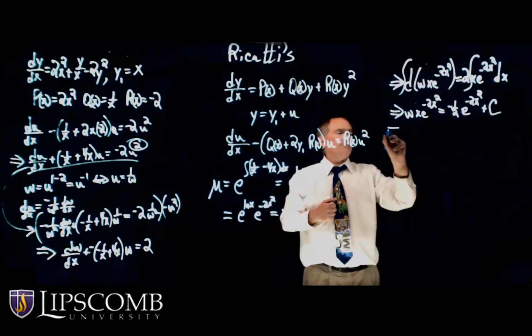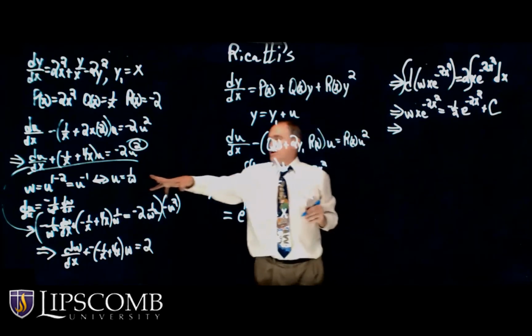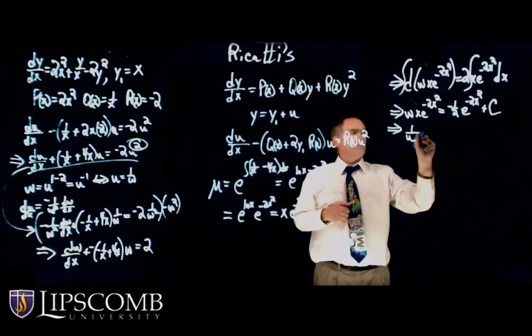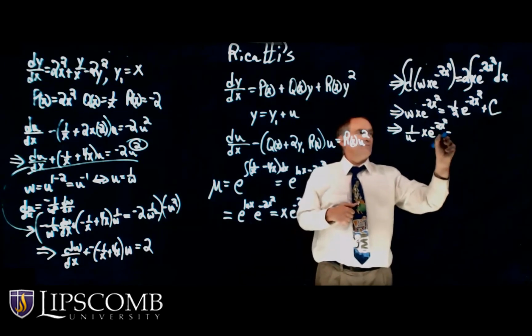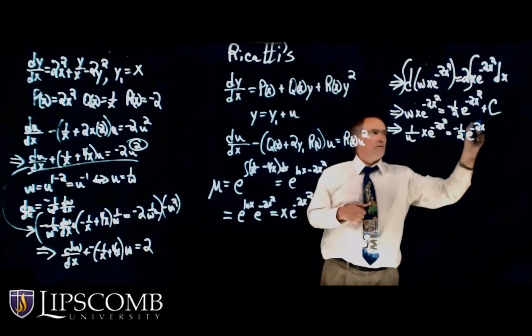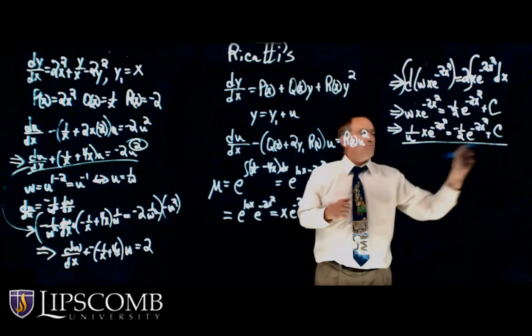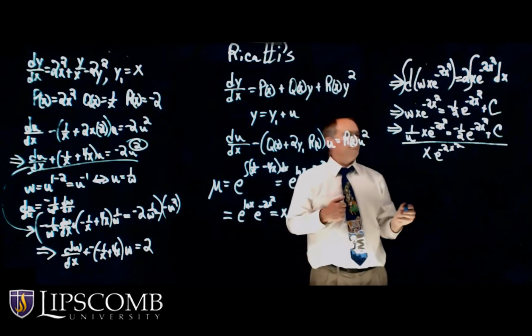Let's take the w. The w is 1 over u. Now let's divide everything by x times e to the minus 2x squared.